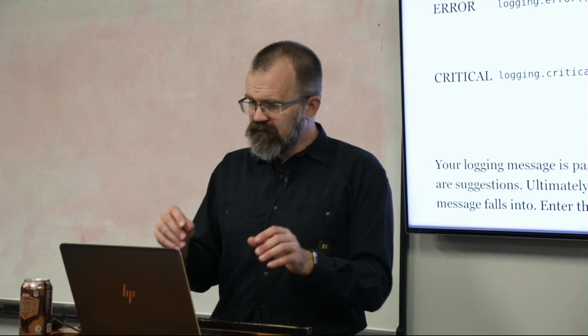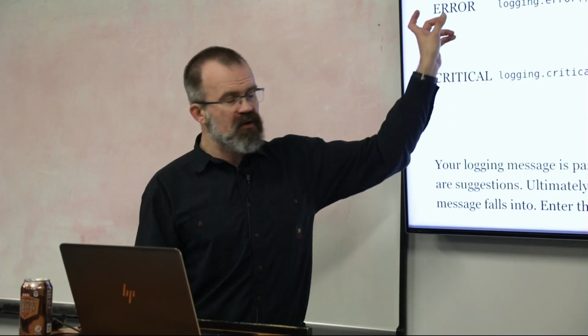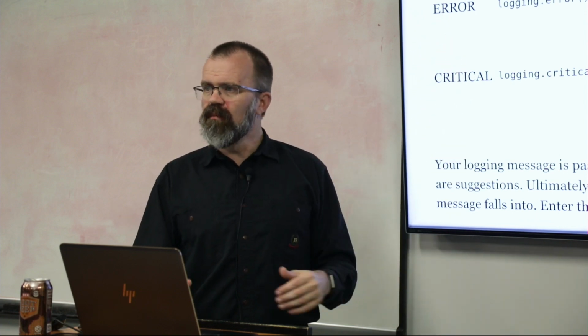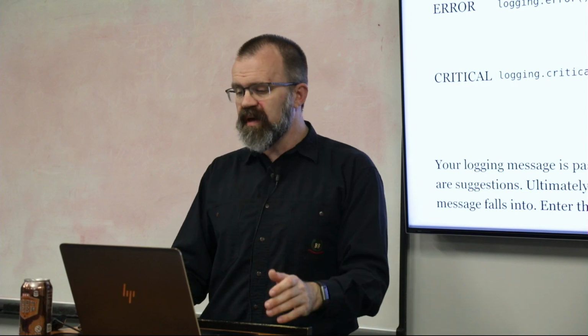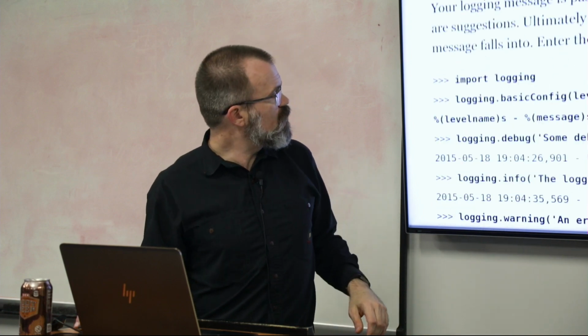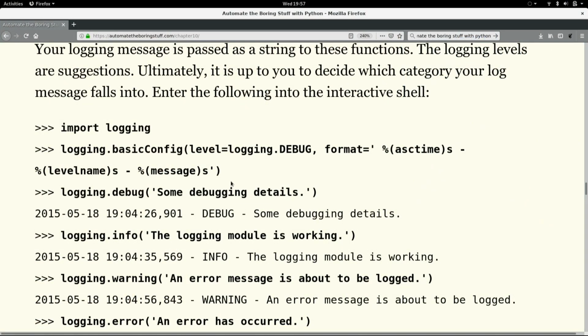By filtering them out and having very few criticals and errors and more information and lots of debug stuff, you can basically then go in to this basic config. And this basic config, you typically put it at the top of your module. Because when it's time to figure out what's going on, you're going to open up the module, and you're going to change the logging level.